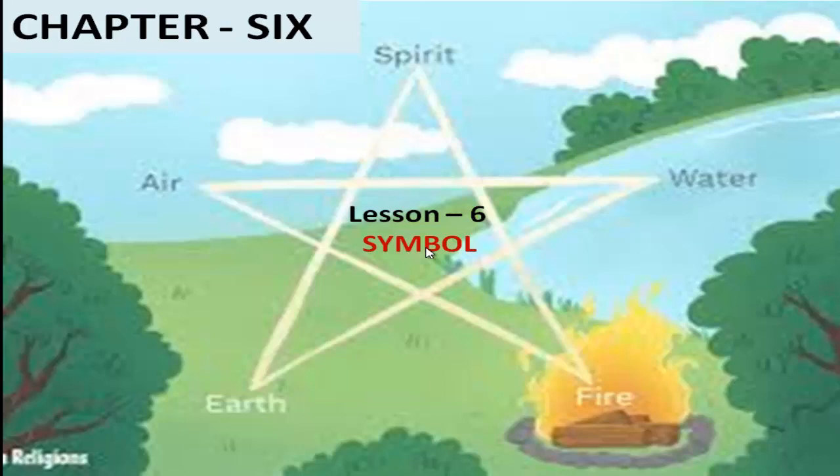So these 118 elements have 118 atoms. Today we will try to know about the names of these elements and also their symbols.